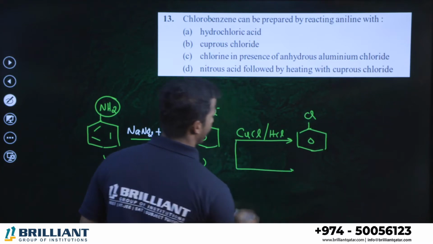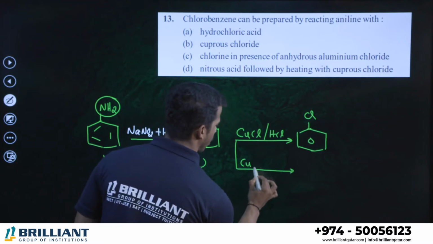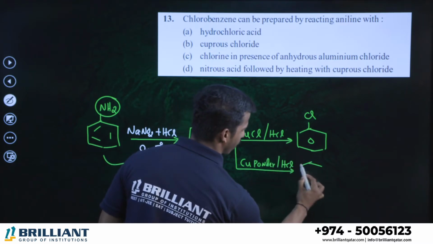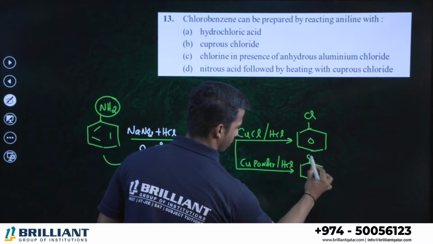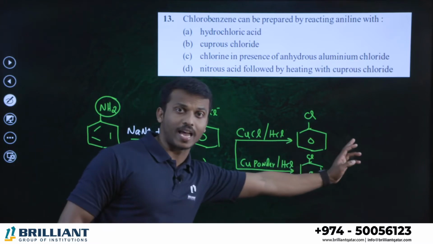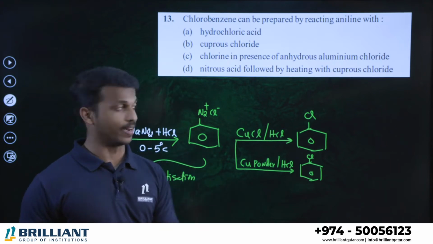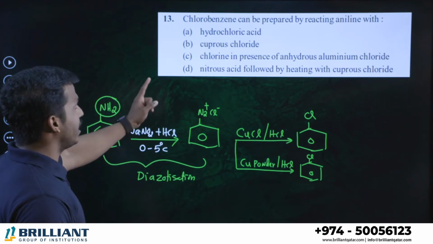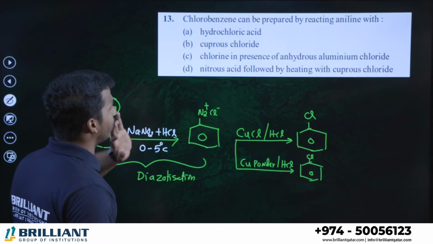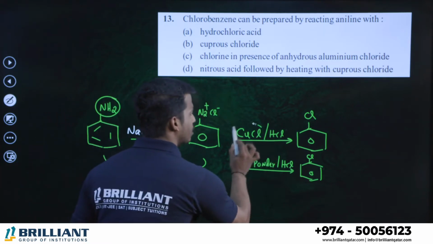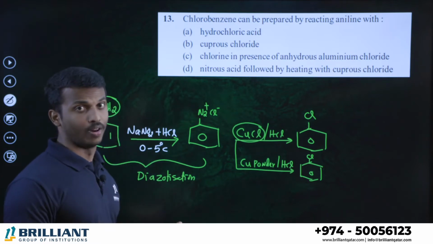One more method you studied: instead of CuCl, we are using copper powder with HCl. Again the same product, chlorobenzene. The first reaction is known as the Sandmeyer reaction. The copper powder reaction is called the Gattermann reaction. So chlorobenzene can be prepared by reacting aniline with hydrochloric acid, cuprous chloride. Yeah, CuCl is called cuprous chloride, but careful.